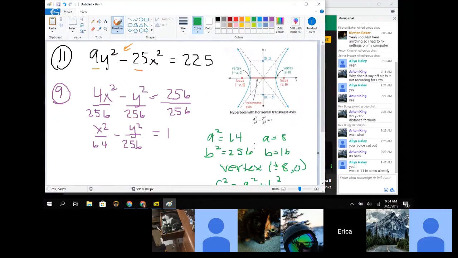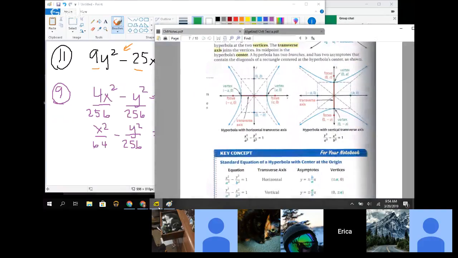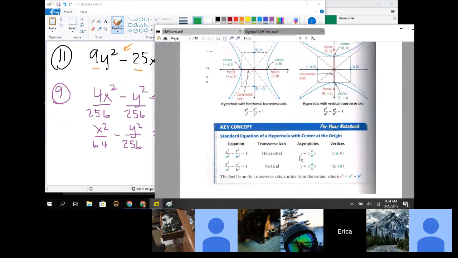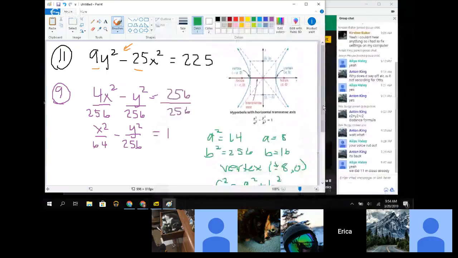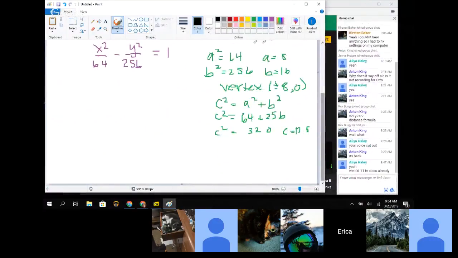Your asymptotes, that's the other thing that we didn't do before, this is kind of new for hyperbola. So your asymptotes are here. If your equation is x squared minus y squared, it's a horizontal hyperbola, and your asymptotes are at y equals plus or minus b over a times x. So let's do that really quickly.